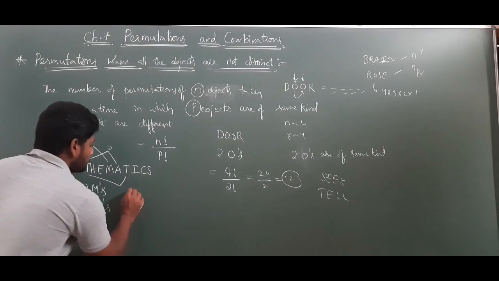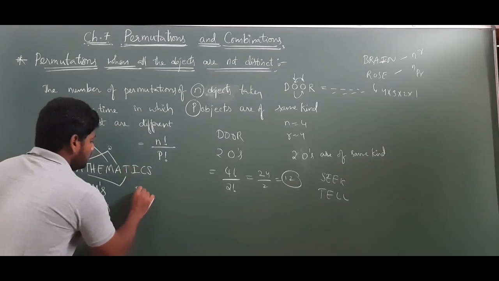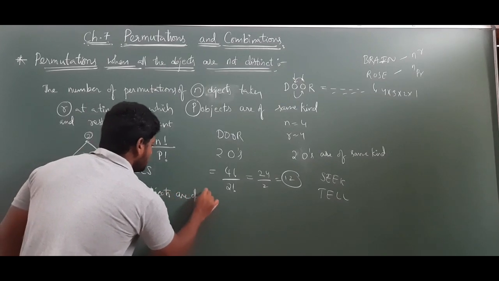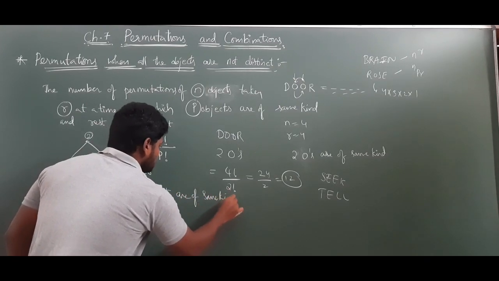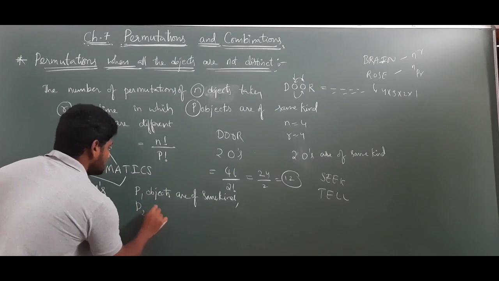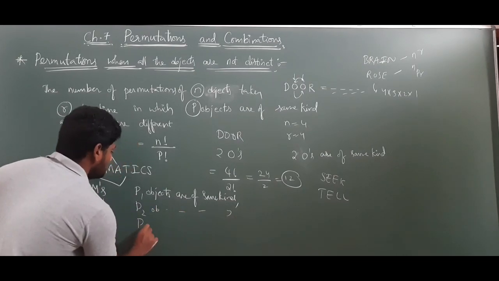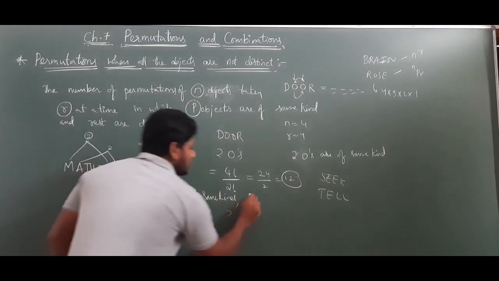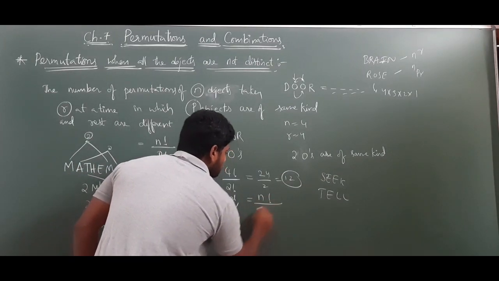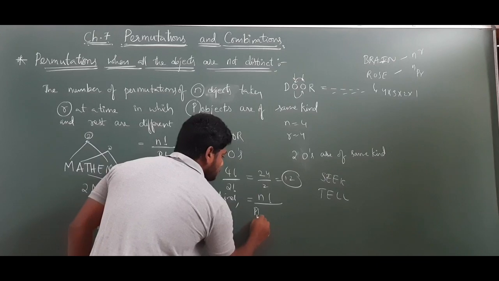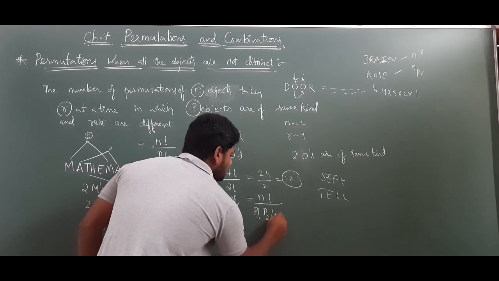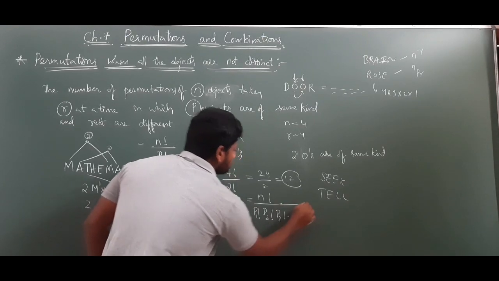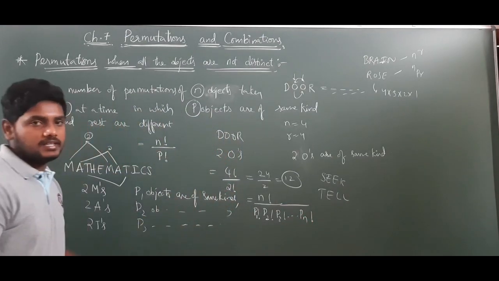So that is the formula. If we have P1 objects of the same kind, and again P2 objects of the same kind, and again P3 objects of the same kind, what is the formula? n factorial by P1 factorial into P2 factorial into P3 factorial, and so on, if we have n such things.